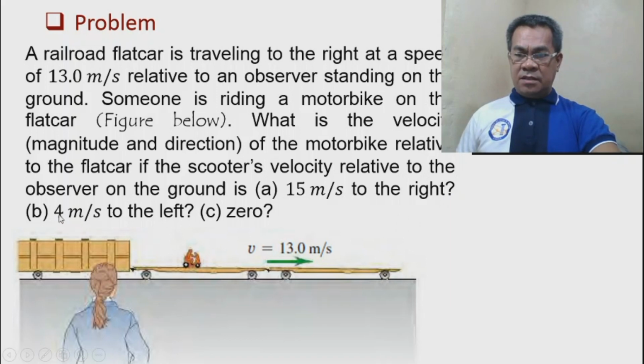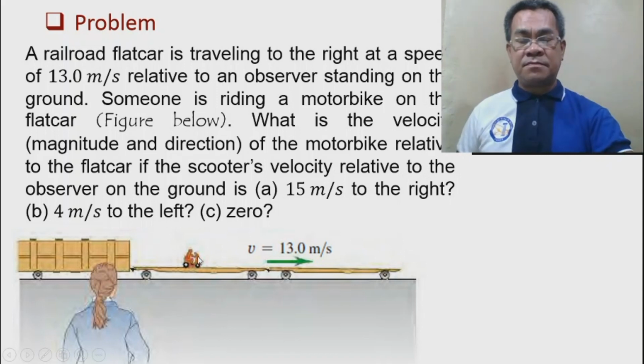Letter B: the velocity of the motorbike relative to the observer on Earth, moving towards the left. How much is the velocity according to the observer inside the car? And letter C: what will happen if this observer observes the particle to be at rest? So what are the answers to this problem?